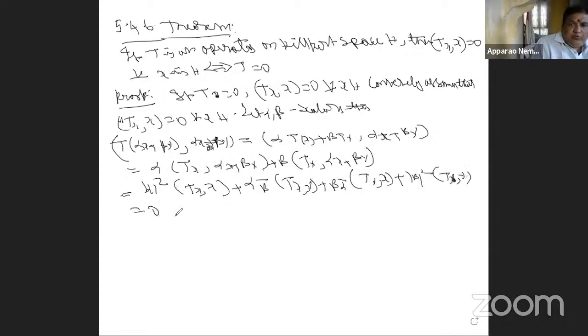That equal to 0 plus alpha into beta bar into T of x comma y plus beta into alpha bar T of y comma x plus 0 by hypothesis.